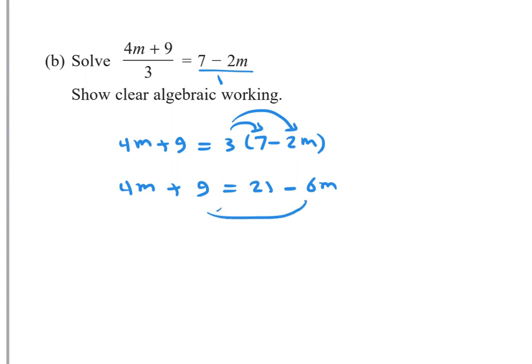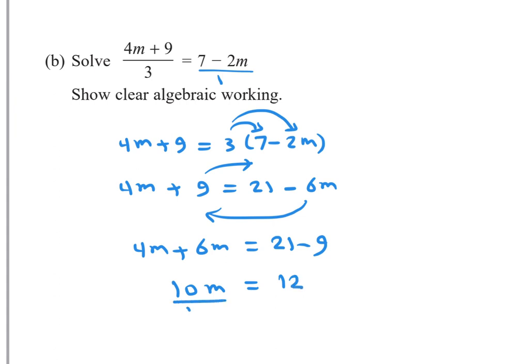Now transpose 6m to the other side by positive, so 4m plus 6m equals, and transpose 9 to the other side by negative, so 21 minus 9. So 10m equals 12, divide by 10, divide by 10, so m equals 1.2.